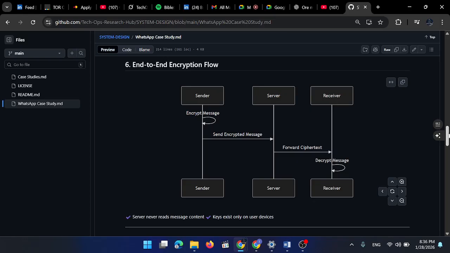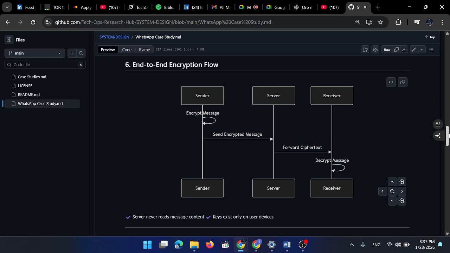So this is just an overview. I'm trying to give you an overview design engineering layout of what an end-to-end encryption flow looks like.